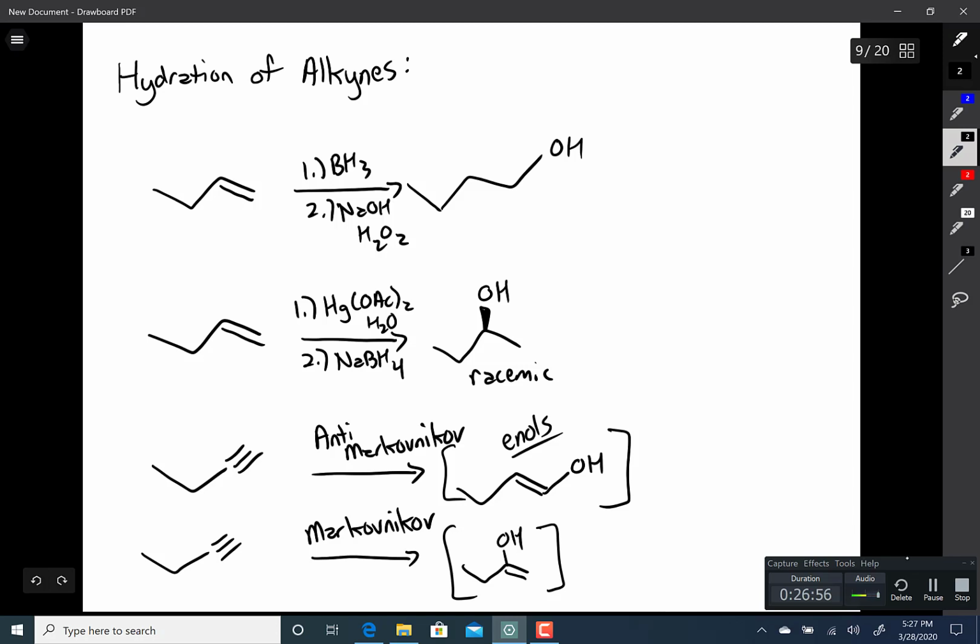What they become is carbonyls. The carbonyl form is a more stable form than the enol form is. And this mechanism right here, going from an enol to a carbonyl, is called tautomerization.